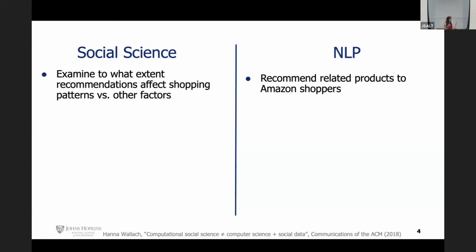First, as an example on the NLP side, a task that we might try to do is maybe we want to be able to do product recommendation, and we want to recommend relevant products to people on Amazon. On the social science side, we'd probably be less interested in actually making those recommendations, but what we might be interested in is examining to what extent recommendations affect shopping patterns versus other kinds of factors.